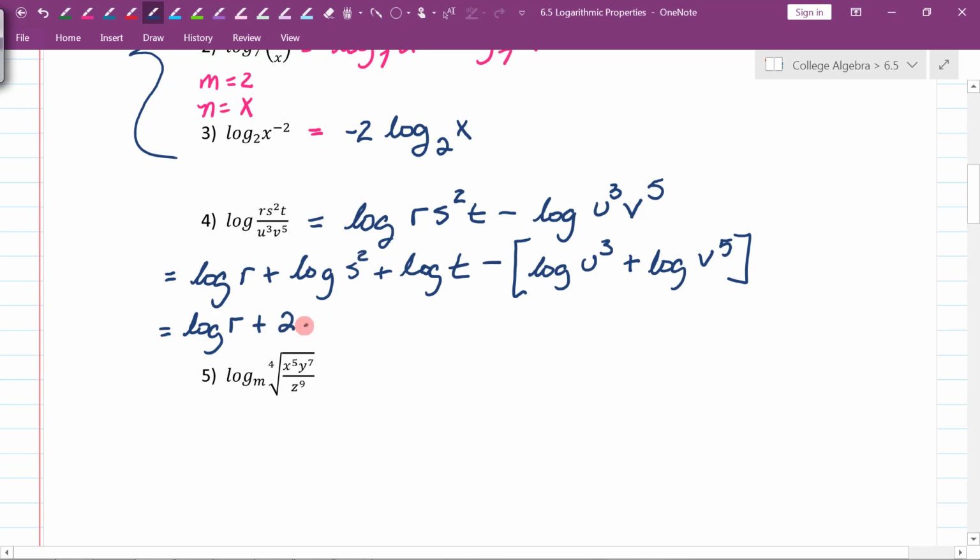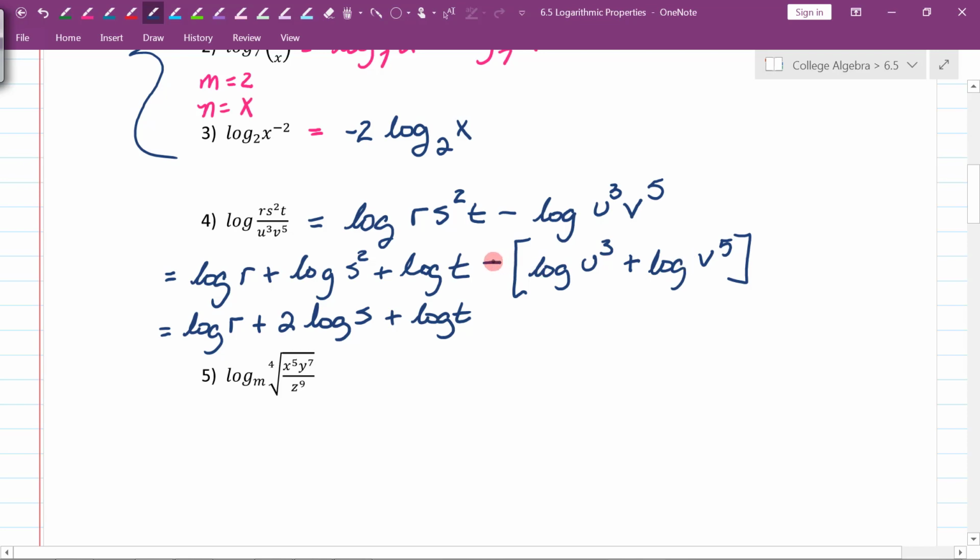Plus 2 log S. This one here is as simplified as it can get. Plus log T. Now, this one here, I'm going to do 2 things in one move. I'm going to apply the power rule here and here, but I'm also going to distribute my -1 to both terms, my negative sign to both terms.